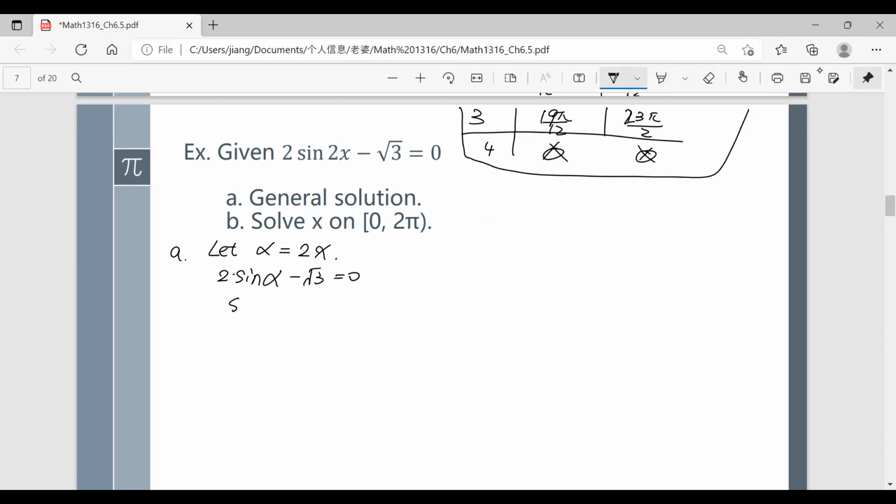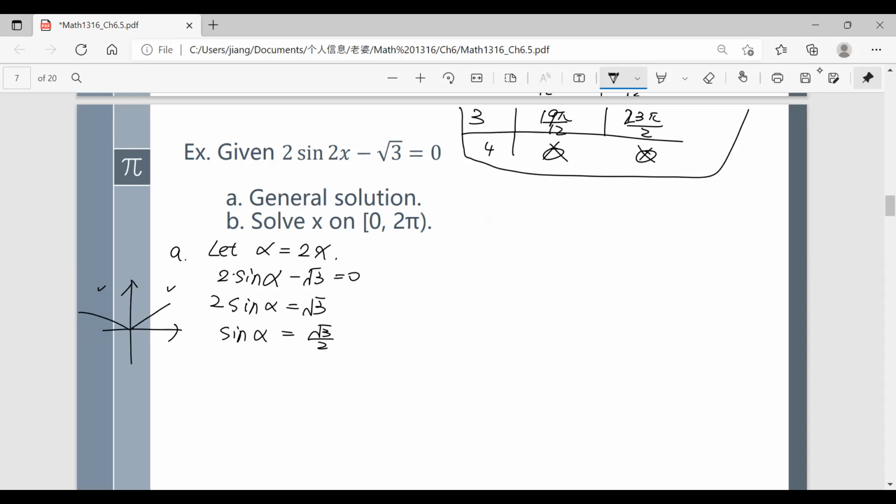So plus square root of 3 both sides. I got 2 times sine alpha equals square root of 3. Divide by 2 both sides. I got sine alpha equals square root of 3 over 2. So for the sine, it's positive. It's here and here.